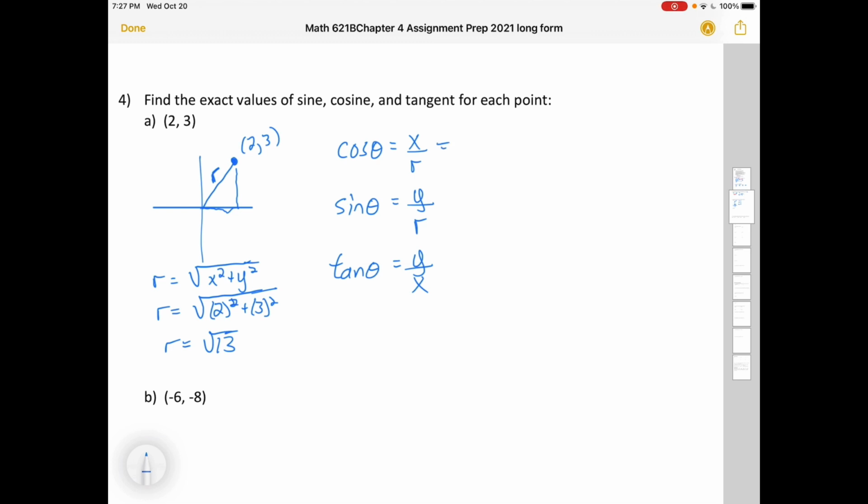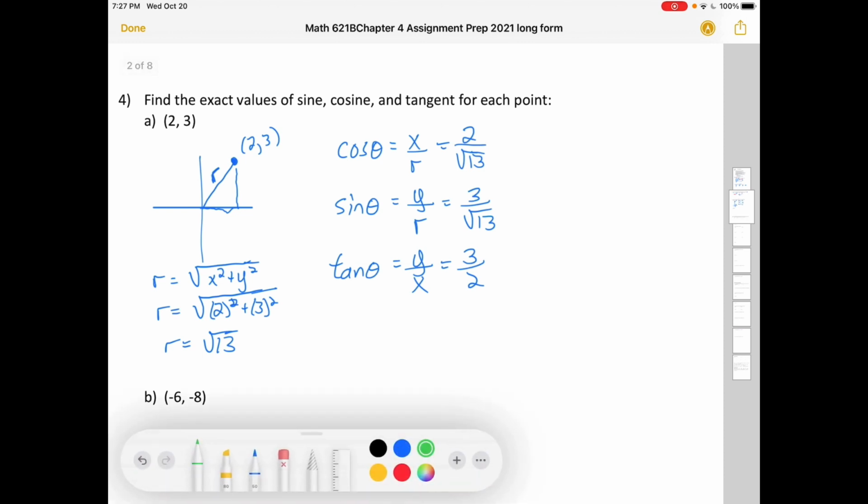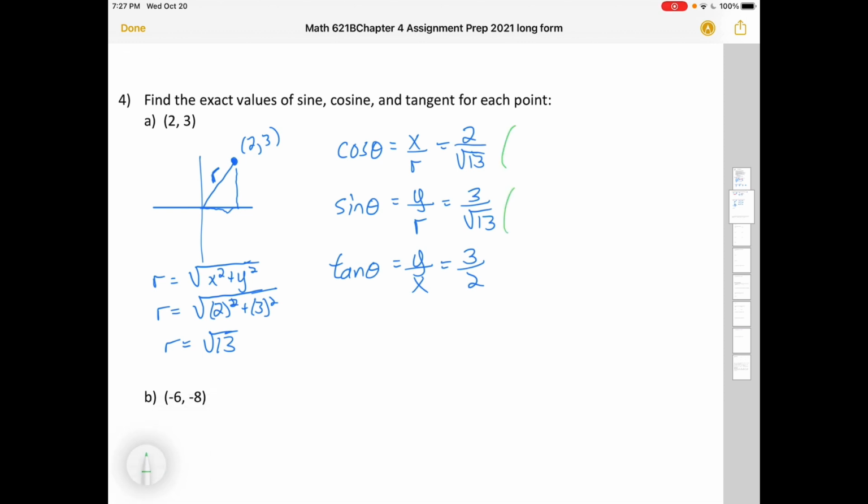So we can head up now. X was 2, r is root 13. There's cosine. Y is 3, r is root 13. There's sine. Y is 3, x is 2. Now you can, if you want to, rationalize these ones. And you do that by multiplying by root 13 over root 13.